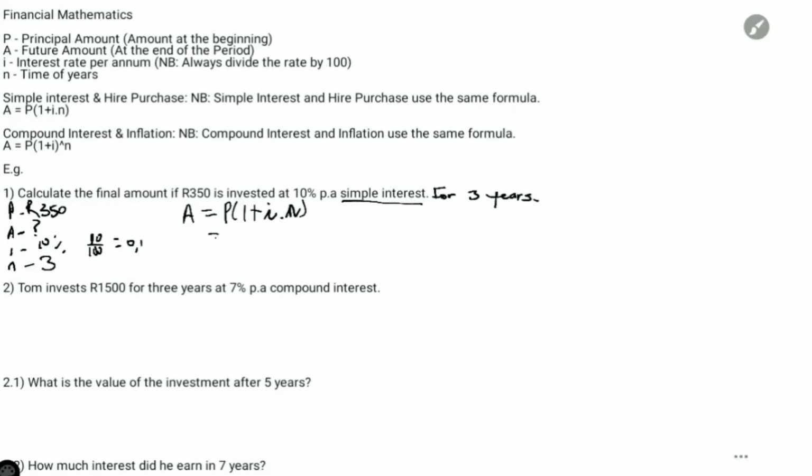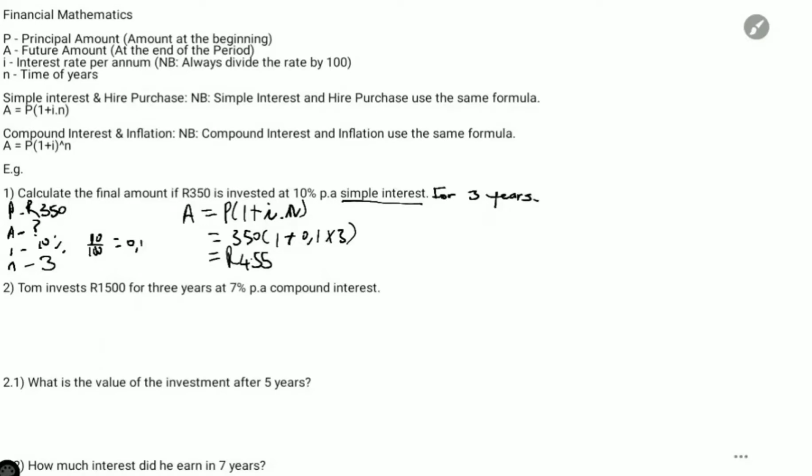Now we substitute: 350, open bracket, 1 plus 0.1 times 3, close the bracket. Put that onto your calculator, and that gives us a total of 455 rands. That was straightforward, right?